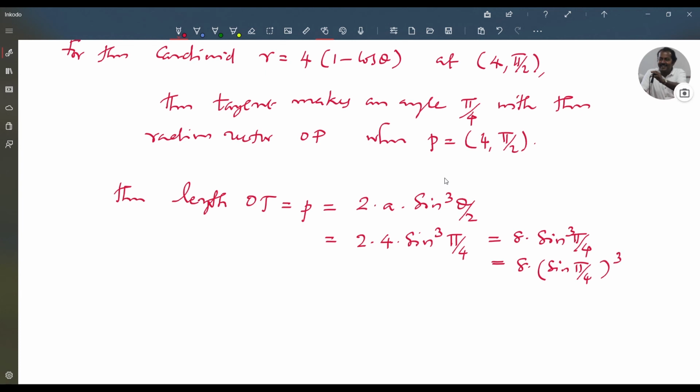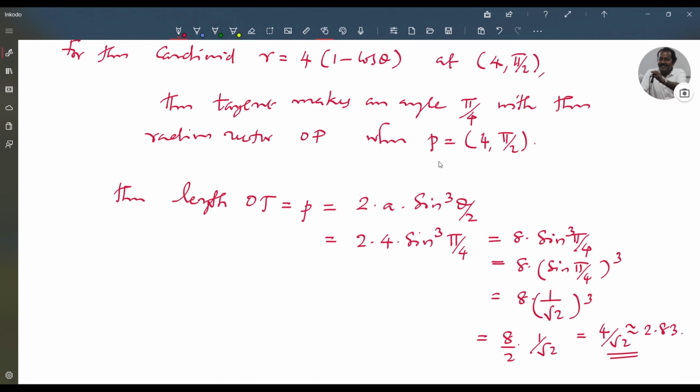So 8 into 1 by root 2 the whole cube. So that is 8 by 2 into 1 by root 2, so this is 4 by root 2, which is approximately equal to 2.83.